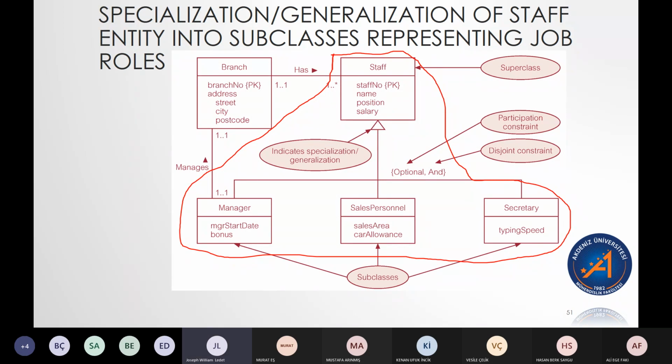We don't have managers that don't manage branches. And so now by expanding this diagram a little bit, we've given some more meaning to the diagram.